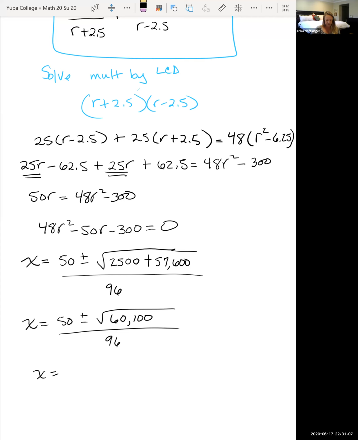Take that result and divide it by 96. So x is approximately, and I didn't round anything until the end, and I should have r there, so this is approximately 3.1. And it is feet per second.